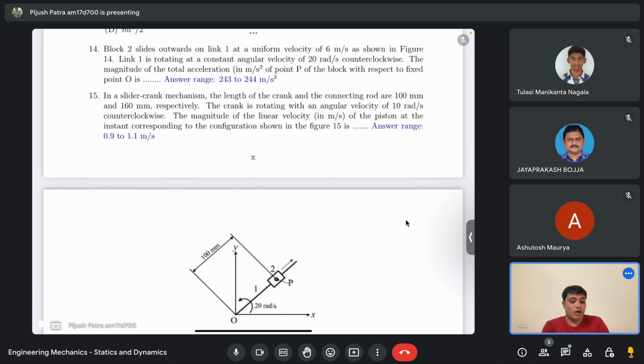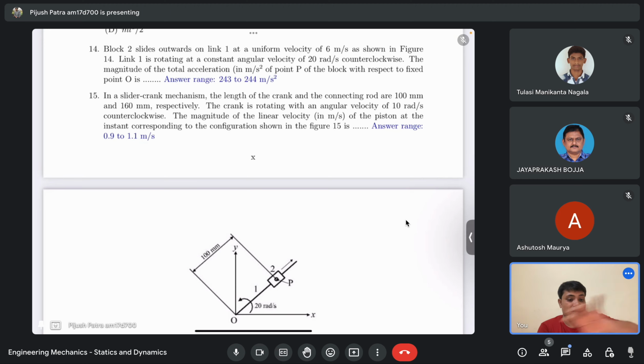This you have to tell me. Otherwise, I will not show you any other answer. If the rod does not rotate, what will be the acceleration of that block 2?